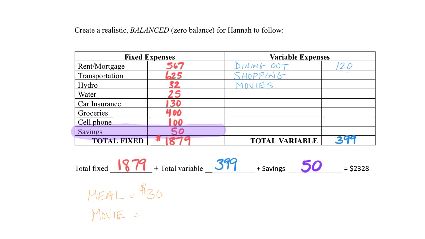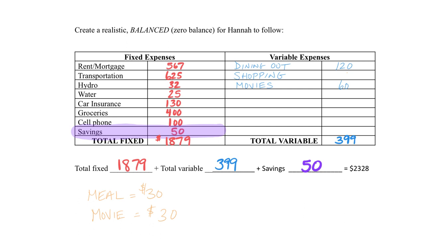Do you start to talk about, like, that would be another $30 per movie to maybe go see? Well, if that was the case, I don't know if she's going to see a movie every week. But if she likes to go see movies, then maybe we're talking about twice a month. Would it be reasonable to say that that was another $60 in movies? I don't know. Again, we're just making a list of what we think Hannah might like to do. Something that maybe you might like to do.